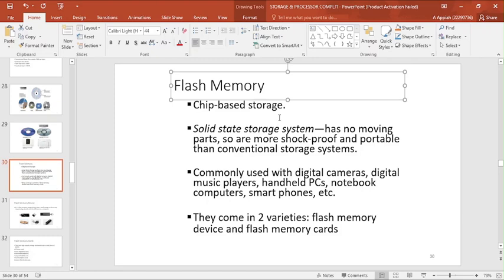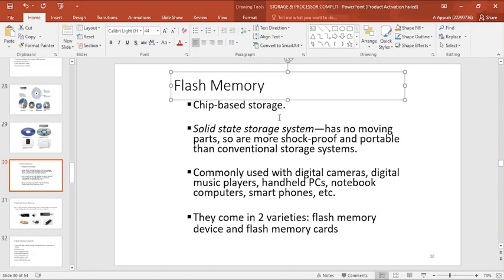But the flash memory or the SSD, the solid state, has no moving parts and is able to withstand shocks. Even if it falls, you will not face much problem as compared to the HDD, the hard disk drive, which has moving parts and can become faulty when it drops or when it gets an impact with something.